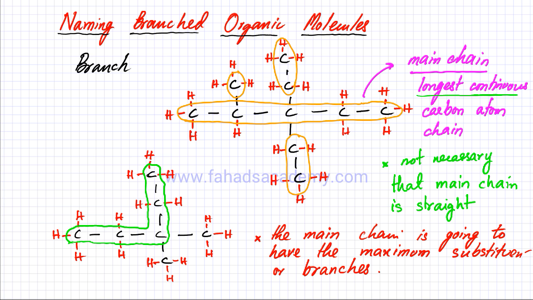So there could be many candidates for a main chain. For example, even if you look at this previous molecule, there were 5 carbon atoms.